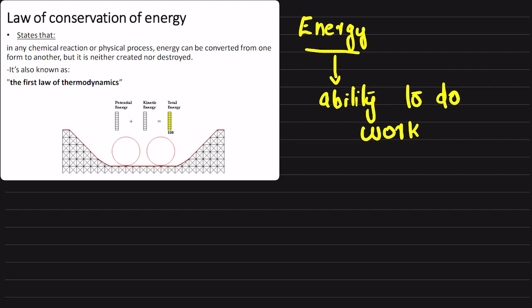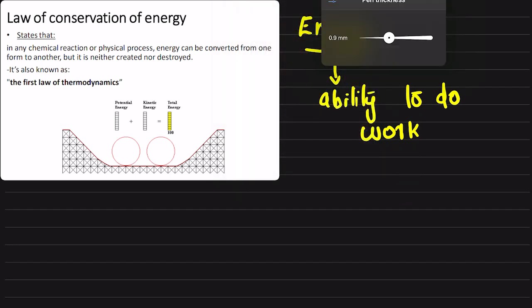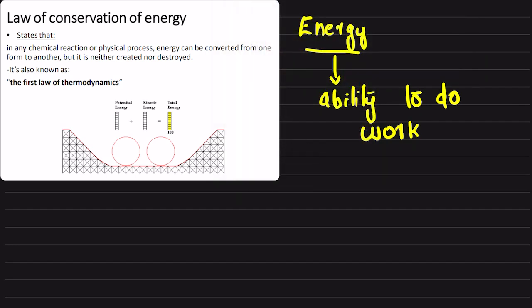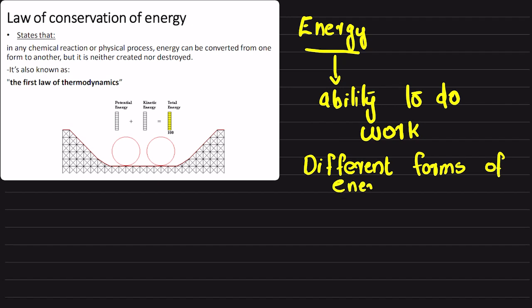We have different forms of energy. The familiar ones are radiant energy, which is related with the sun.